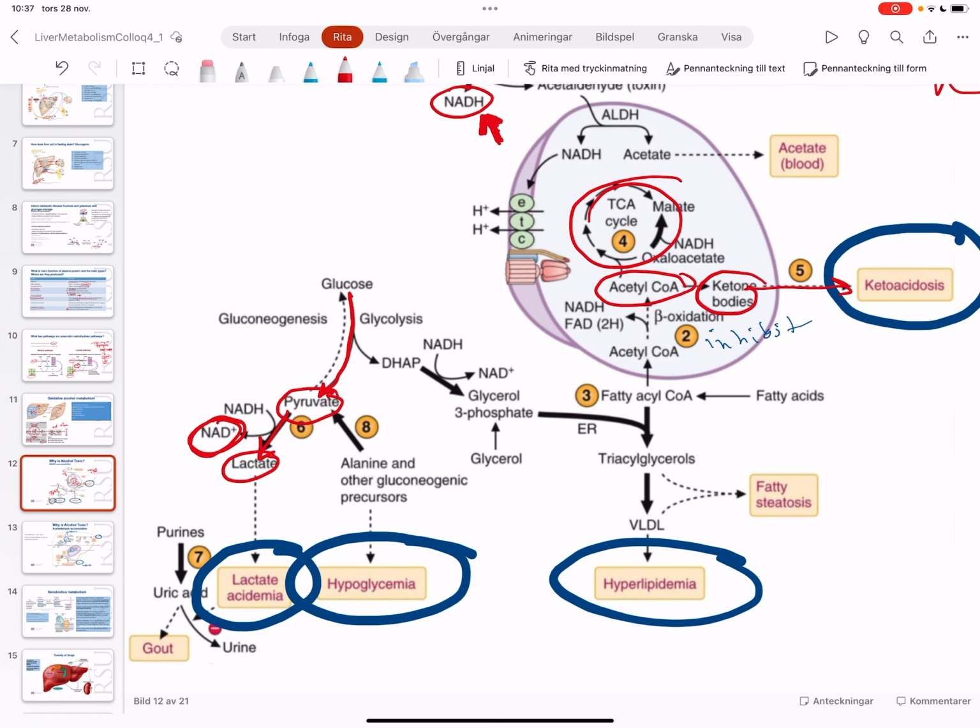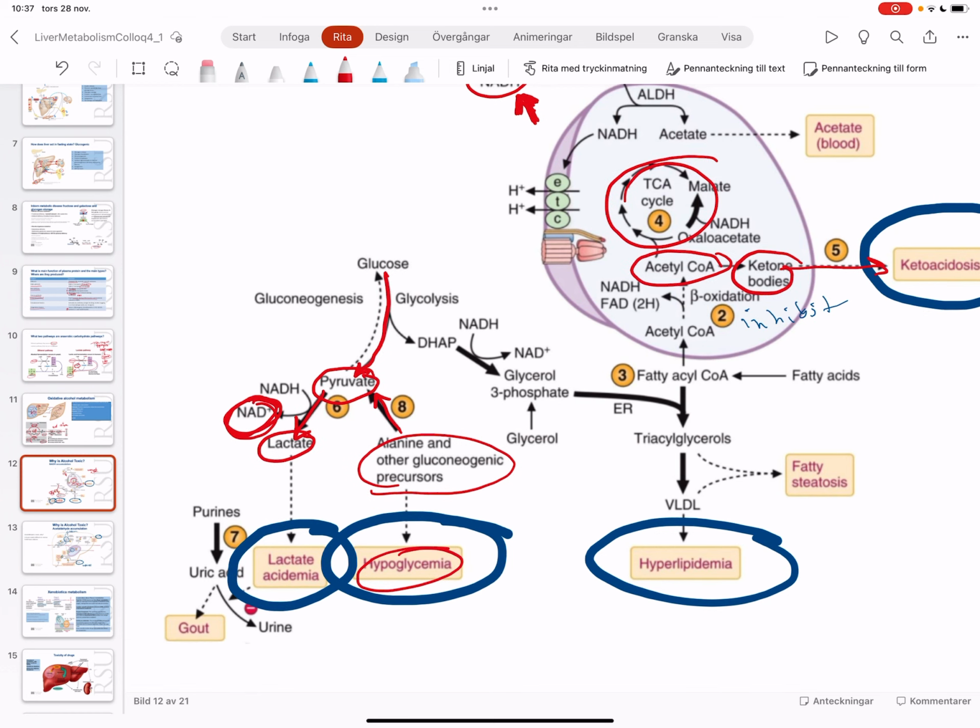This will lead to lactic acidemia, but it will also lead to hypoglycemia because alanine and other gluconeogenic precursors will be converted to pyruvate, and then once again, to form NAD plus and neutralize all of this.